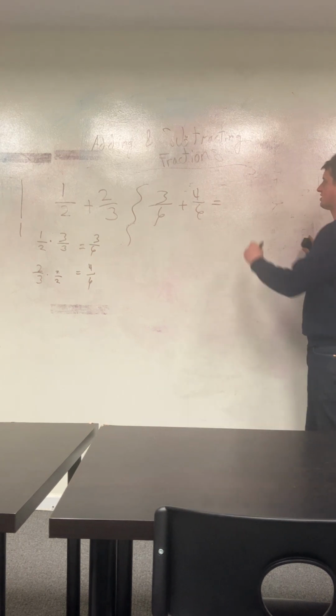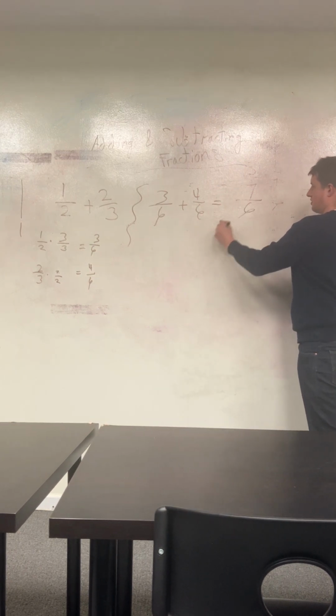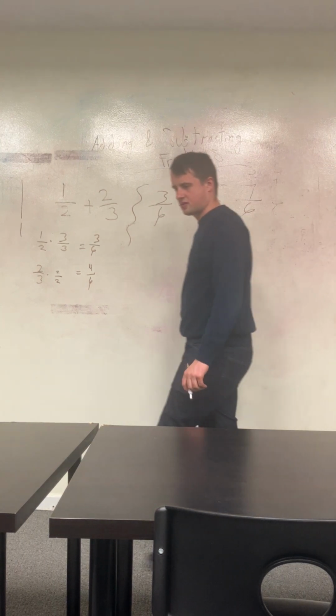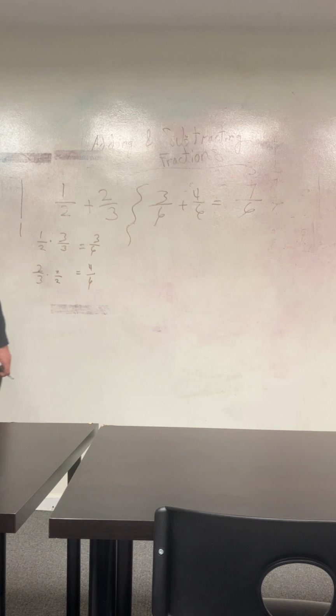Then we get 7/6. I think that was the answer a minute ago, coincidentally. Yeah, we had 5/6 plus 2/6. So the tricky part here is changing and getting them to have the same denominator.